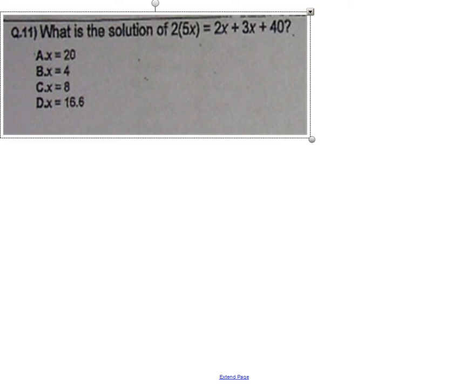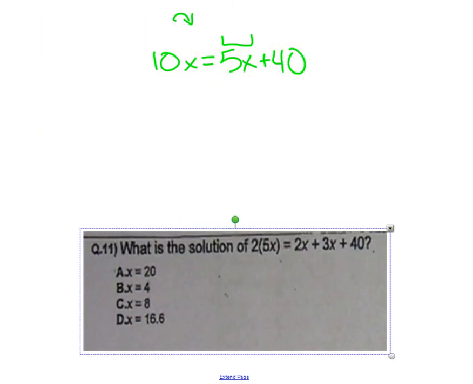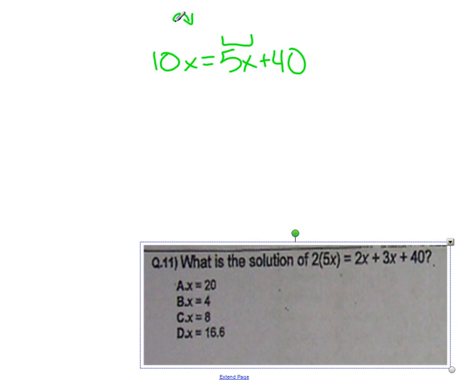Alright. Same thing on the next one. We simplify what we can, so we can say 2 times 5x is 10x. On the right side, can we combine 2x plus 3x? Now we just combine our terms, so we can minus 5x.